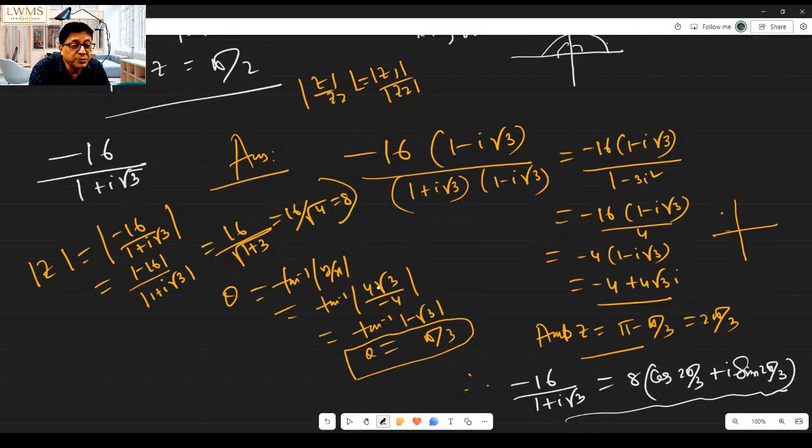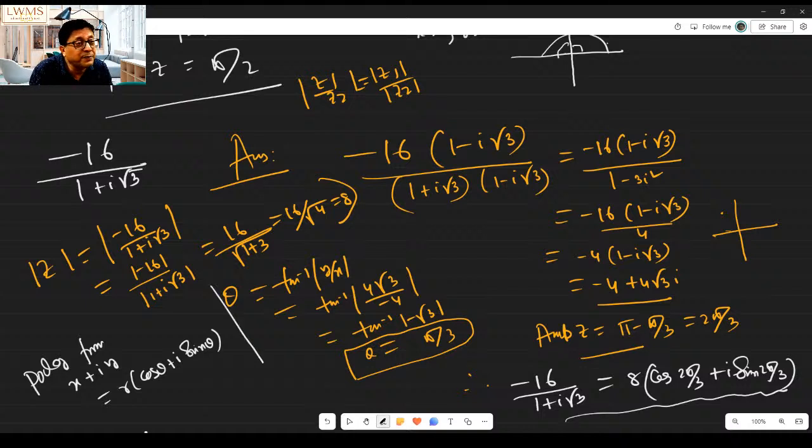So after getting amplitude, we are writing polar form like this. We have learned just now, polar form is what? x plus iy equals r into cos theta plus i sin theta. Theta stands for amplitude. Here I have used theta for a different purpose. Remember, when you are writing, you have to put the amplitude.